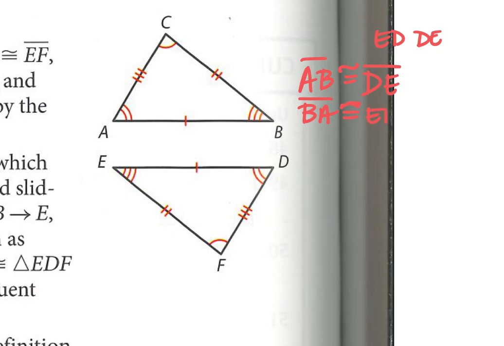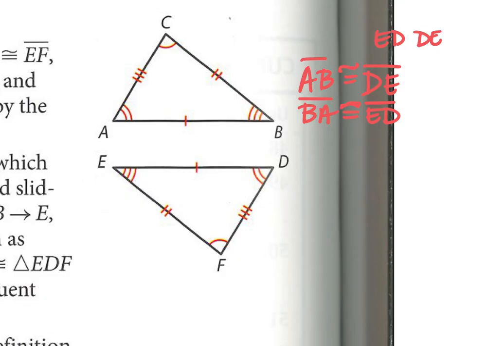I should write ED. You have to make sure to write them correctly. Do y'all see why those two things have to be written that way? Because, like, this bottom triangle, you rotate it up, right? Rotate it 90 degrees, and you'll get it to land on that top one.